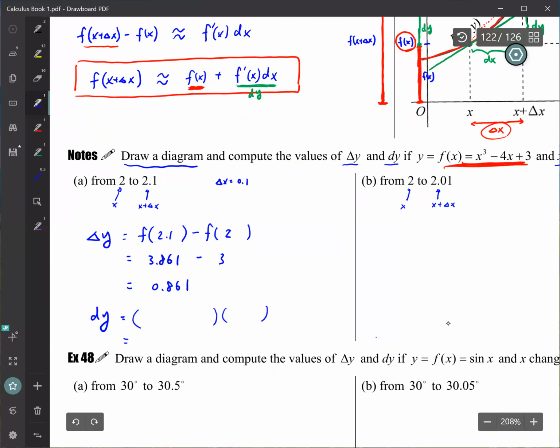The formula is f prime and then dx, right? F prime is 3x squared minus 4. And then times it by dx. Does anybody have trouble subbing in? We need to get a value here.